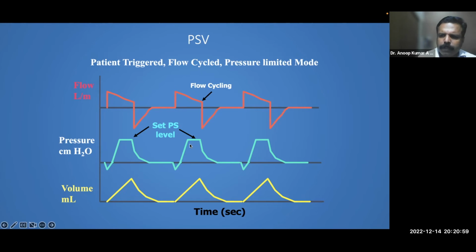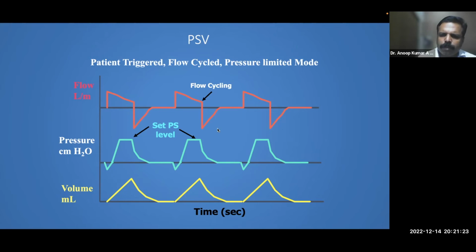So while putting the patient on CPAP with pressure support, don't keep the patient on 0 pressure support. You have to keep at least 6 to 10 depending on the patient status. Okay, then only you will be able to assess the patient tolerance. By keeping 0 pressure support, if the patient is getting exhausted or tachypneic, that doesn't mean it is failing. You have to keep somewhere around 6 to 8.